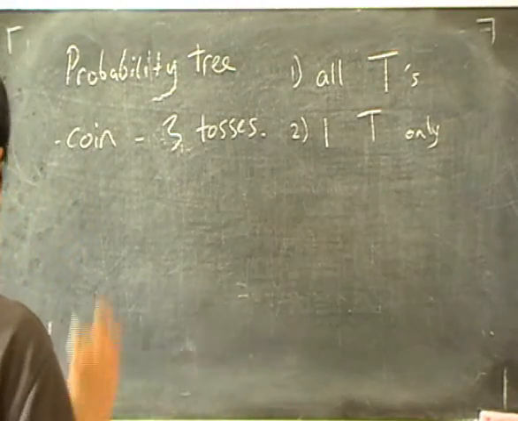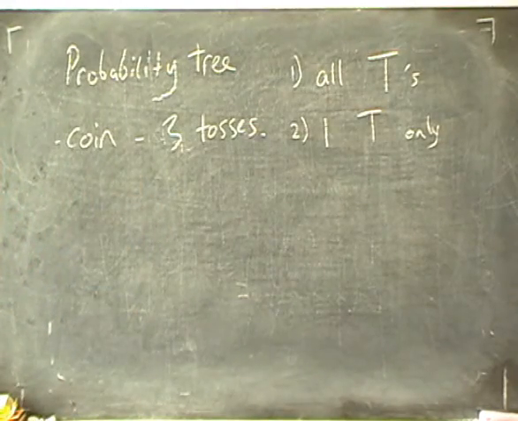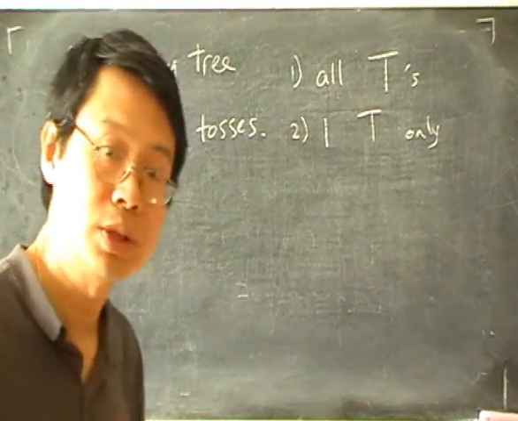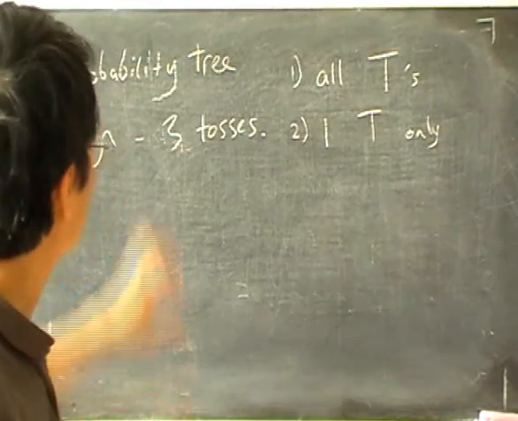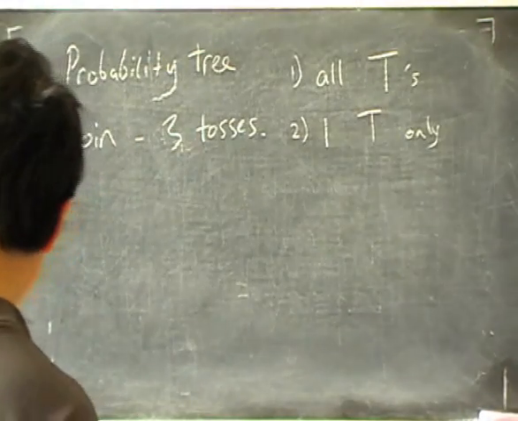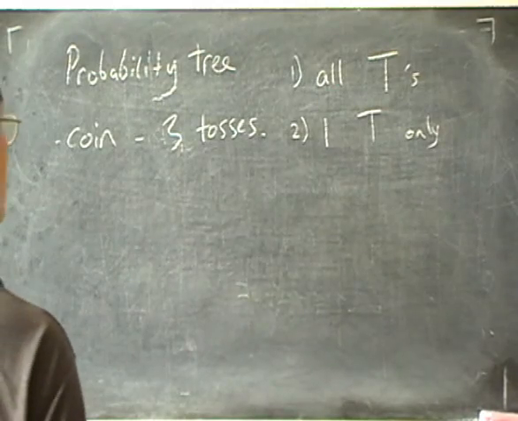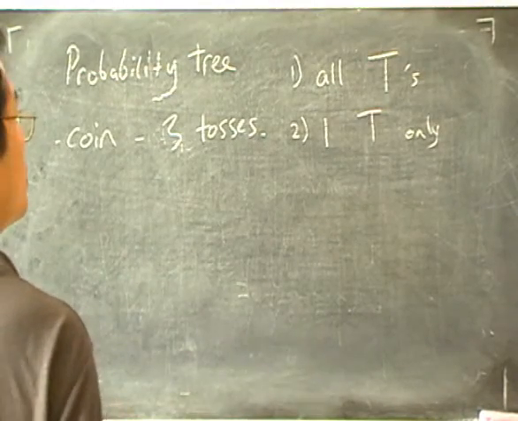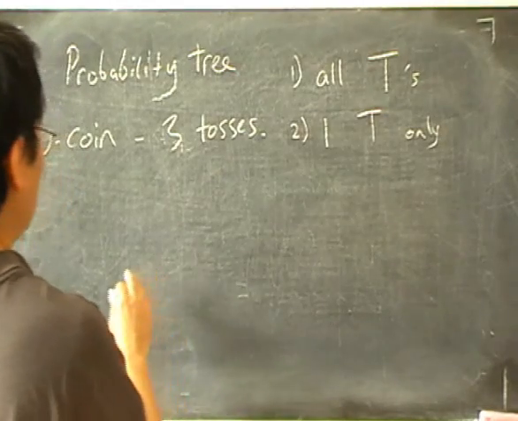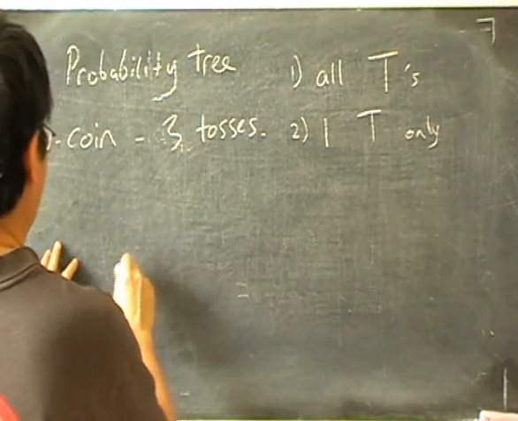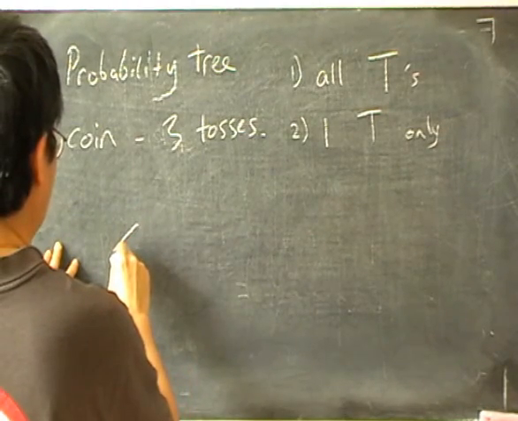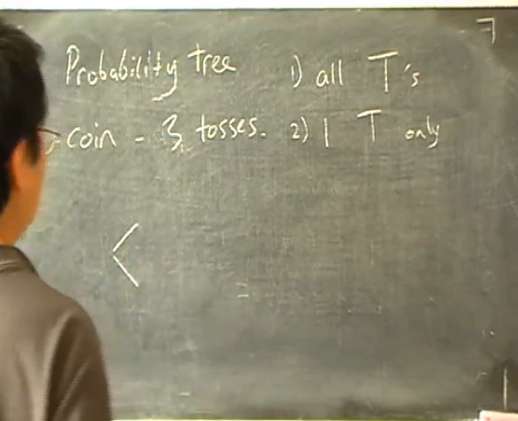Okay, so one way to do this question is to use a probability tree. So this is what it looks like. I'll start from a point and draw 2 lines.